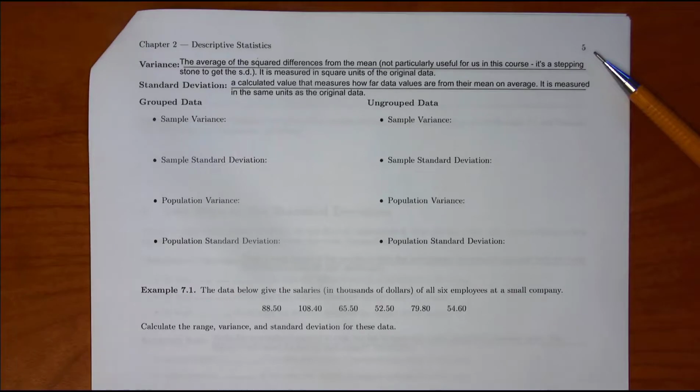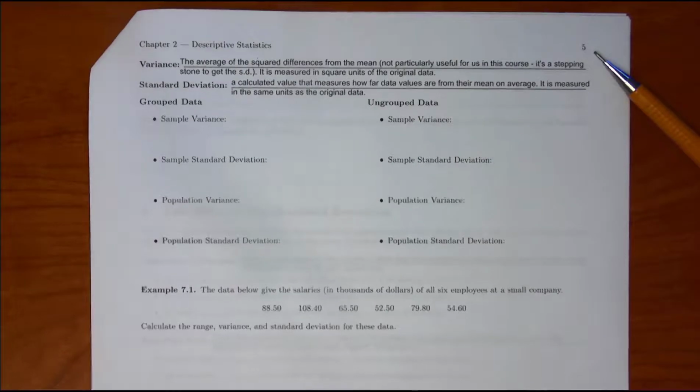Or if I give you a test and everybody makes a B, all the scores are between 80 and 89. That means all those scores are really close together, which will lead to a low standard deviation. So if the data are spread out, you have a very high standard deviation. If all the data are close together, you're going to have a low standard deviation.